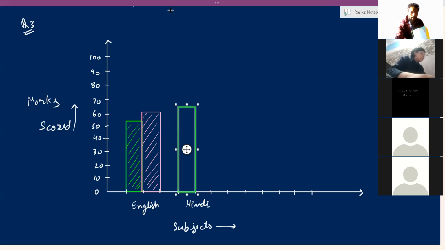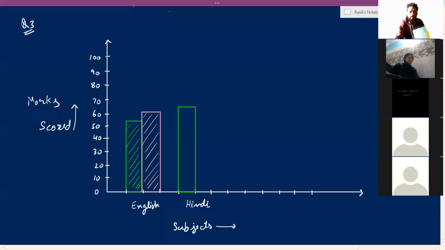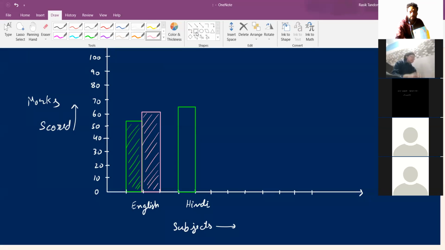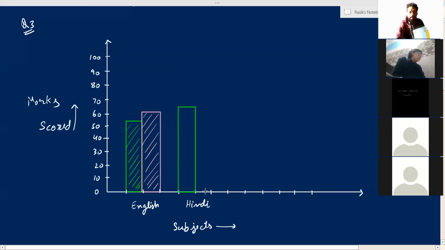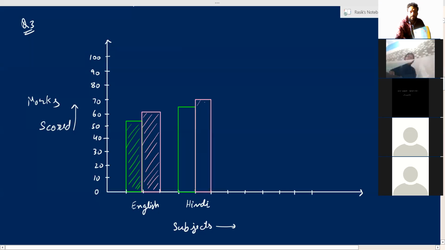And then in the final exams, annual exams, he has scored 70. So this is 70. Now you can shade. Are you all getting it? How to do it, all of you? Yes, sir.